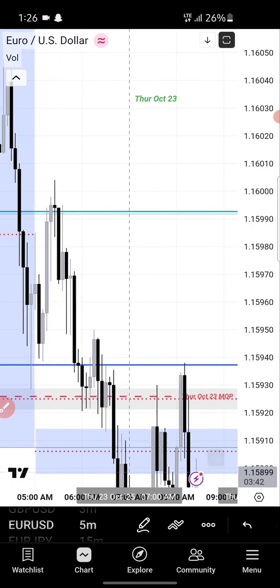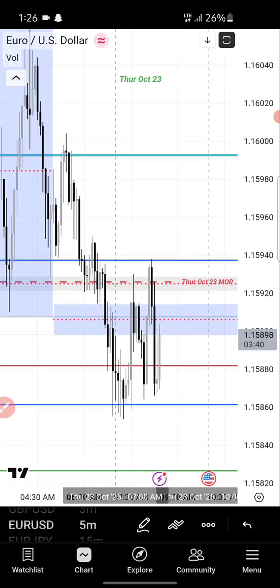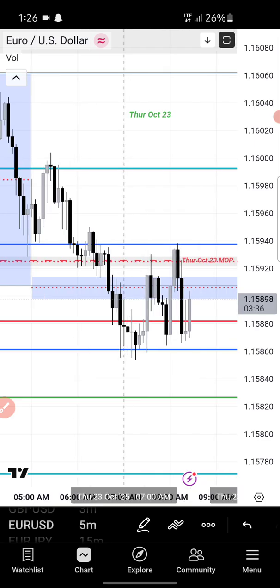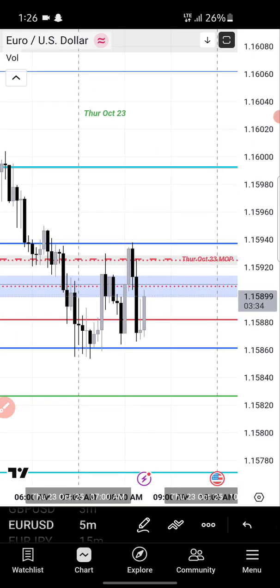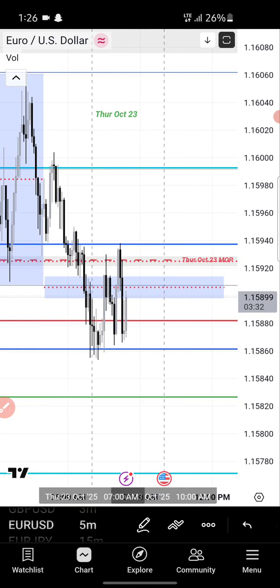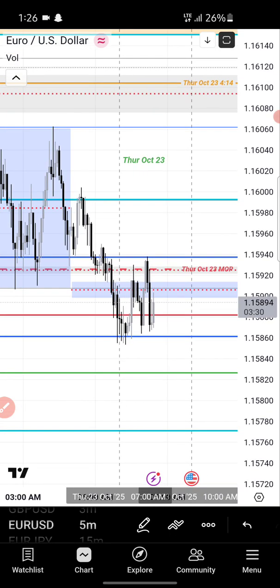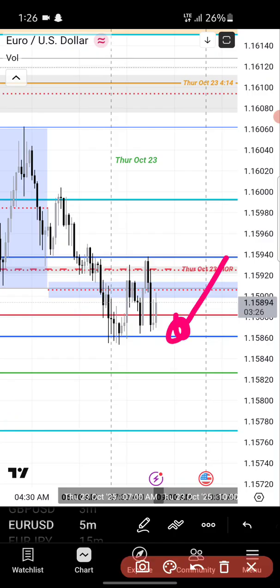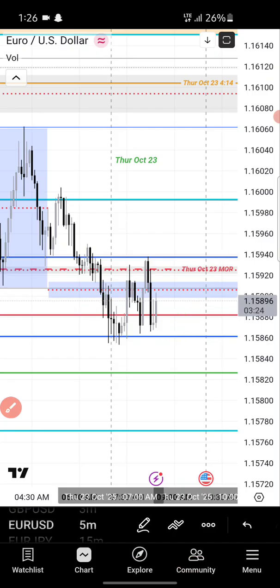because price already traded into the 15 minutes order block and gave us a shift in market structure, I didn't want to trust the short anymore. So what I want to see is if price can have a willingness to trade above this area one more time.